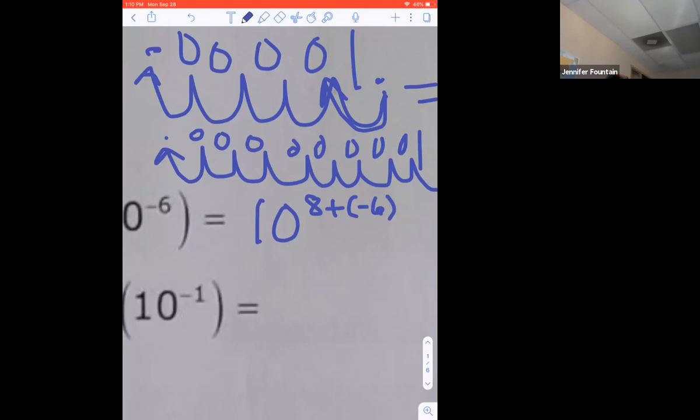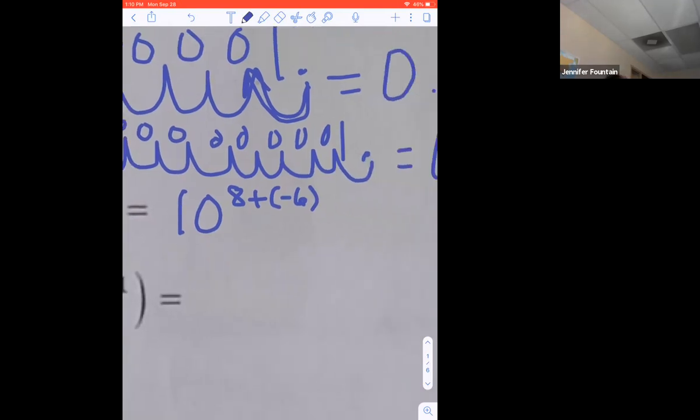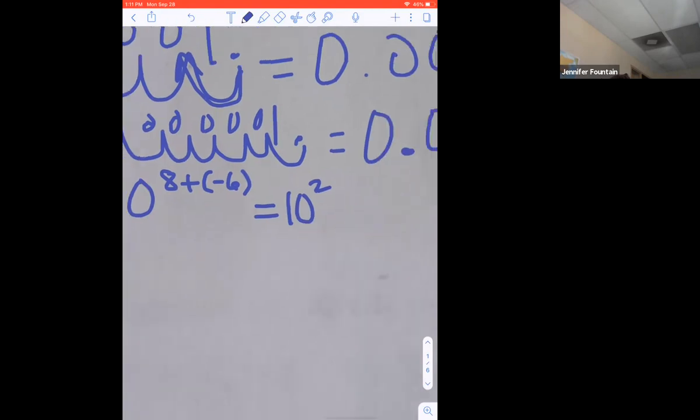We're adding a negative and a positive. When I'm adding unlike signs, I keep the sign of the larger and then find the difference. So 8 plus a negative 6 is going to be what? Positive 2, so 10 to the second power. So then when I write that, that's going to be 100.